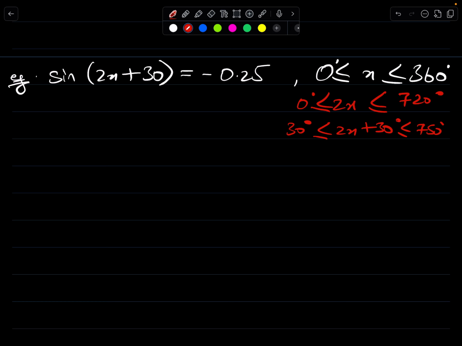Altering the range again helps us decide till where we should go in order to find the final answer. Again, alpha can never be negative, thus ignore the negative sign when finding alpha. And alpha turns out to be 14.5 degrees.